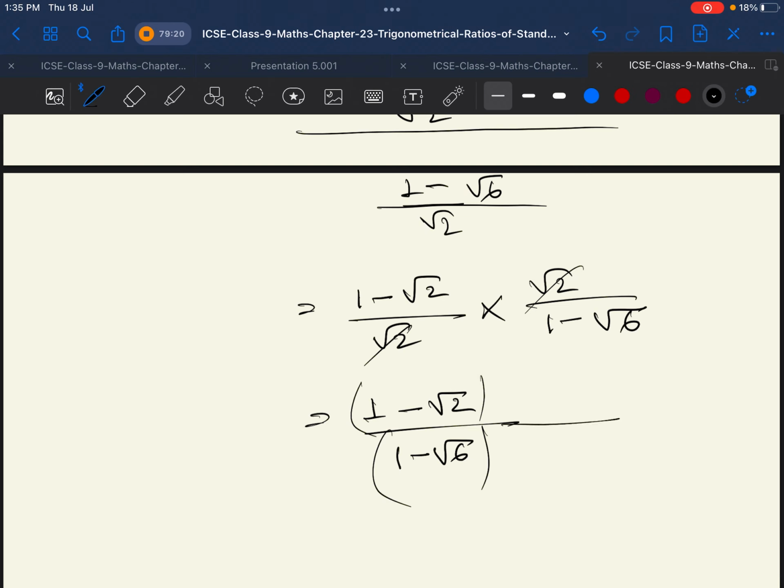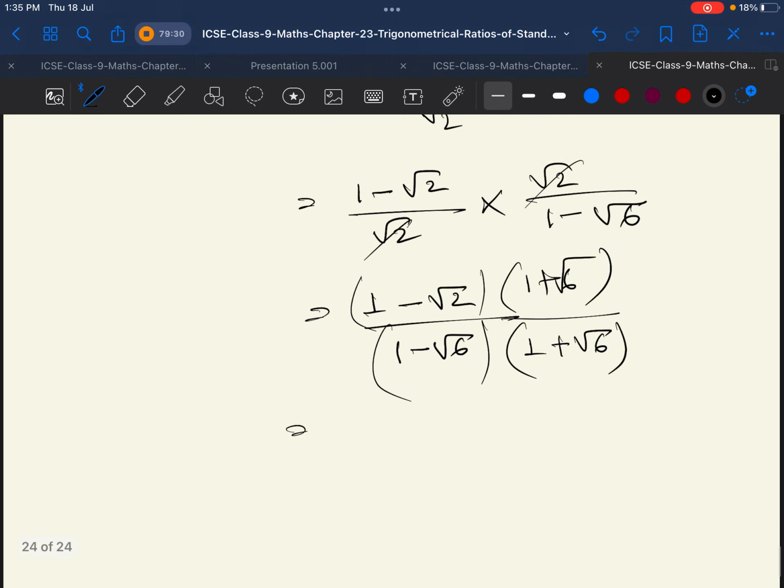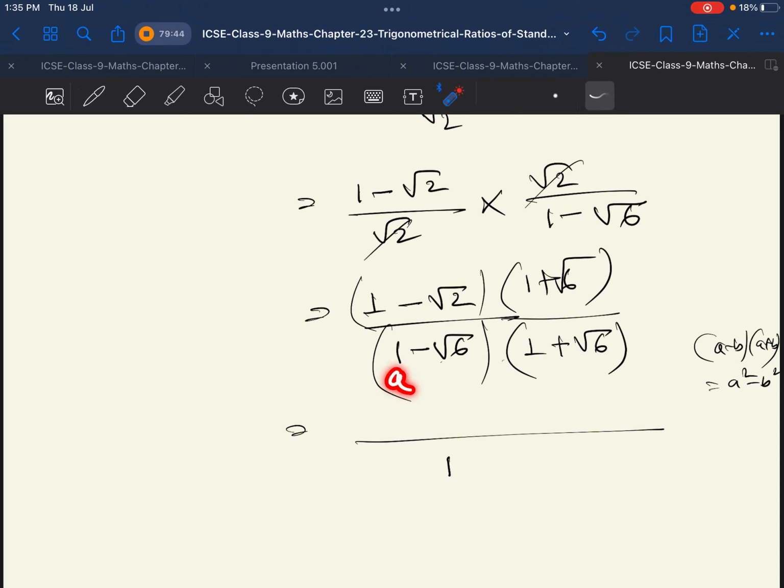Now here we use the rationalization method. We multiply by (1 minus root 6) into (1 plus root 6), so this is 1 plus root 6. Now a minus b into a plus b, we know, is a square minus b square, where a is 1 and b is root 6, so 1 minus root 6 square.